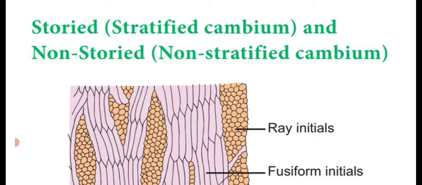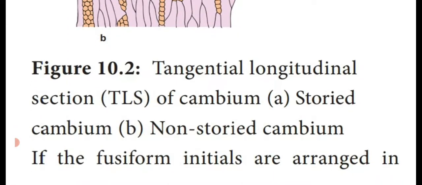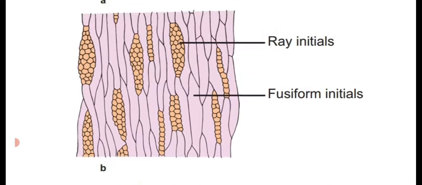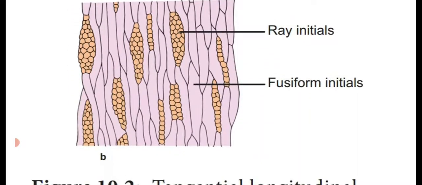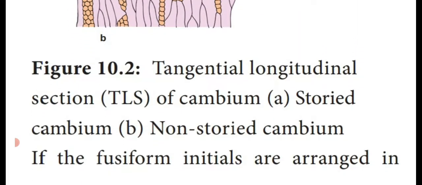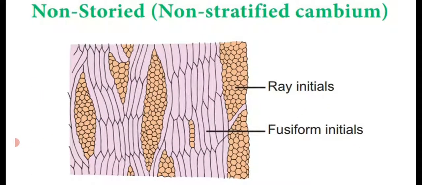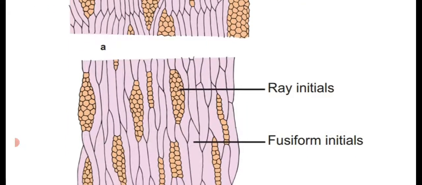So the first one is the tangential longitudinal section of the cambium. The first one is the storied cambium. The second one is the non-storied cambium. Storied cambium means the fusiform initials are arranged layer by layer.